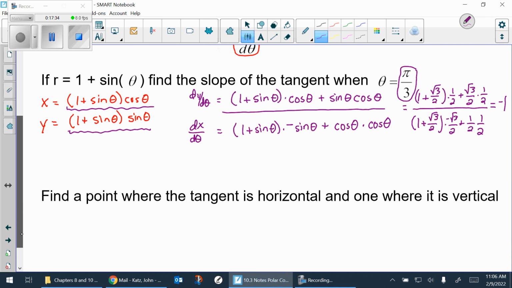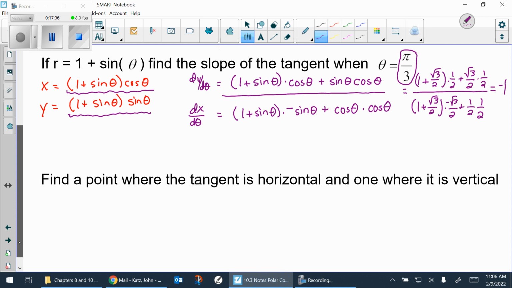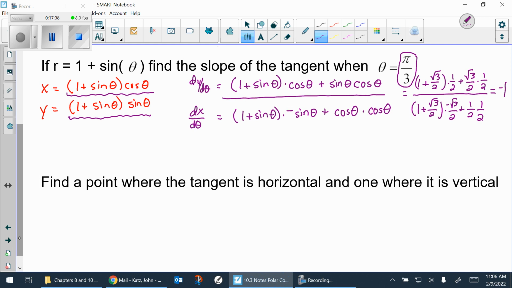Now, final task, a pretty involved task. Find one point where the tangent is horizontal and one point where the tangent is vertical. If I want a horizontal tangent, that means the slope is 0, and anytime the slope is 0, the top of the fraction, in this case dy d theta, has got to be equal to 0.